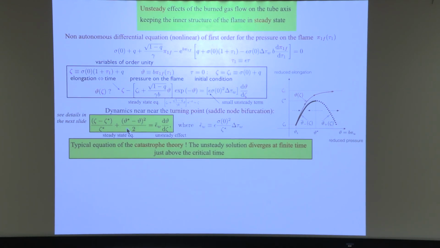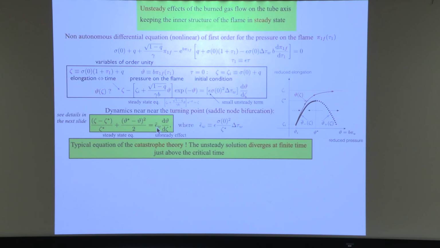Okay. Now, if you develop around this point, as I did before in the quasi-steady state, this is the same equation that I had before. And now on the right-hand side, I have simply the derivative with a small term, which is non-dimensional, written in the non-dimensional way here.